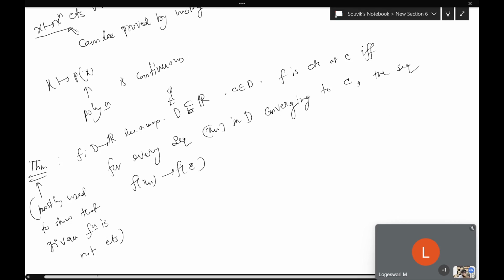This is known as the sequential criterion of continuity.